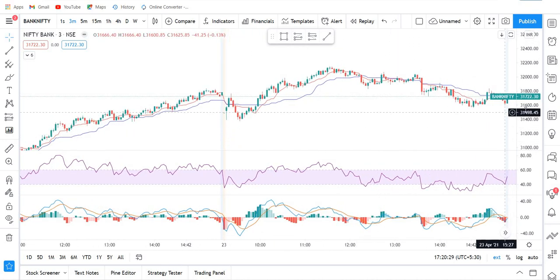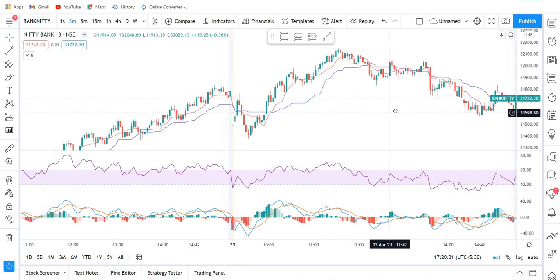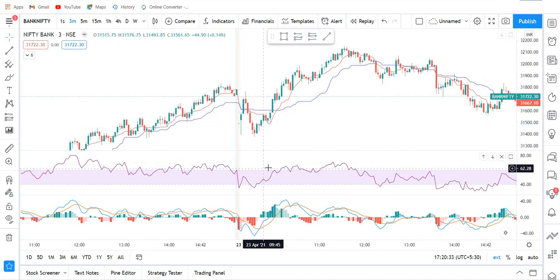Now let me zoom into the chart a little. We'll be searching for some buy trades. Here the red one crosses above the blue one, to be specific, at the green candle at 10:06 we can see. On the next candle we can also see that the RSI is going above the 60 level.